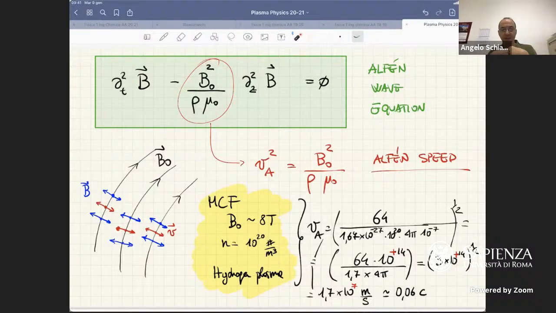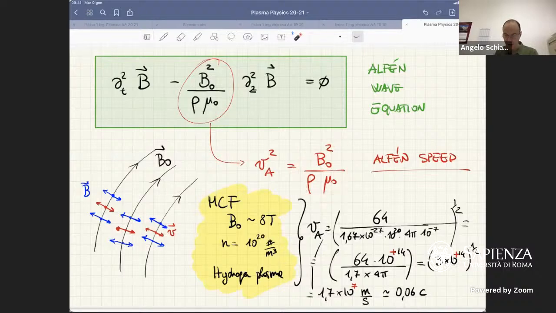The way of remembering this is, as I told you, the B field lines are like the strings of a violin, of a guitar, and the tension of these lines is very large. So the speed of the wave traveling along the field lines is proportional to the tension of the string.